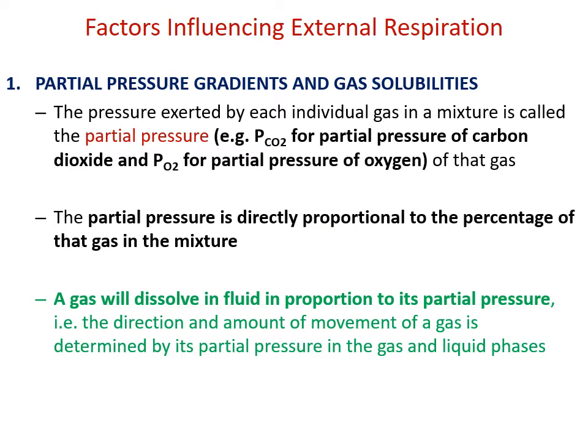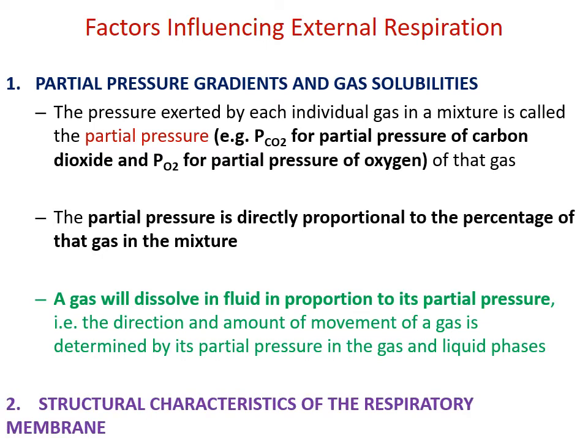A gas will dissolve in fluid in proportion to its partial pressure, that is, the direction and the amount of movement of a gas is determined by its partial pressure in the gas and liquid phases. The structural characteristics of the respiratory membrane are also one of the important factors that determine external respiration.